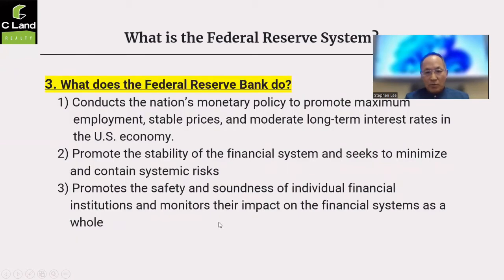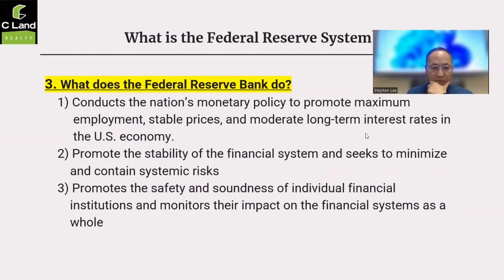Then what does the Federal Reserve Bank do? I think we saw the five key functions, right? In a little bit of detail, it conducts the nation's monetary policy to promote maximum employment, stable prices, and moderate long-term interest rates in the U.S. economy. That's what they do. The second function is to promote the stability of the financial system and seek to minimize and contain systemic risks.